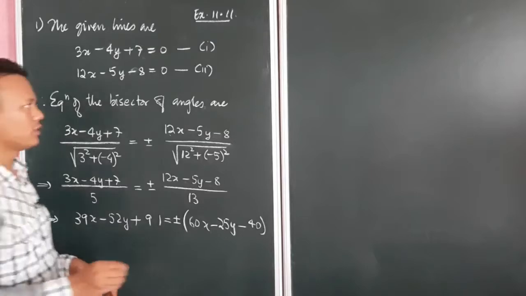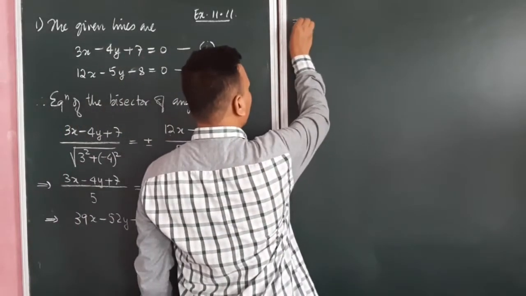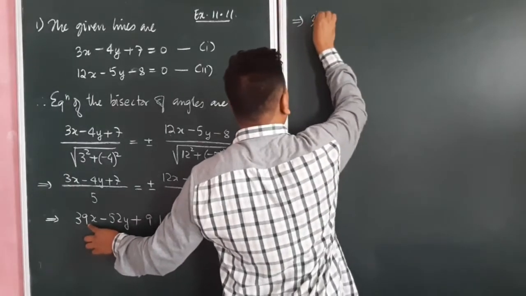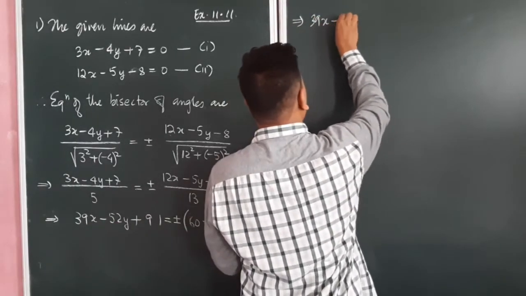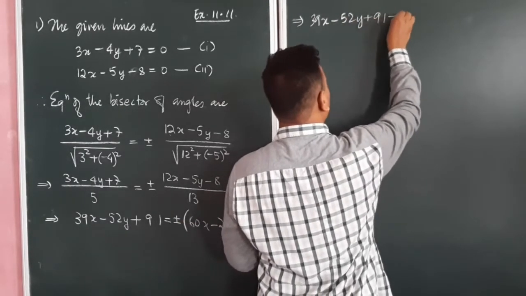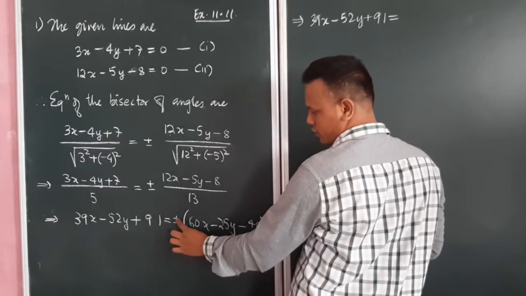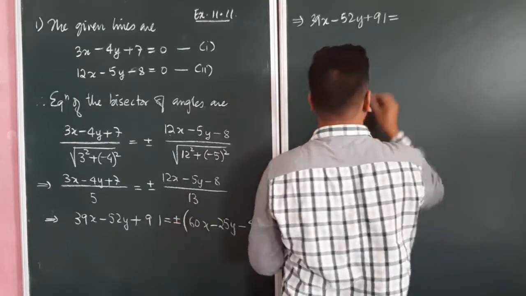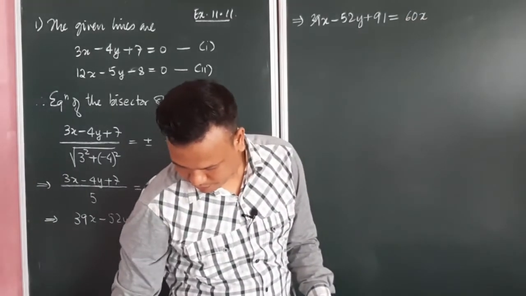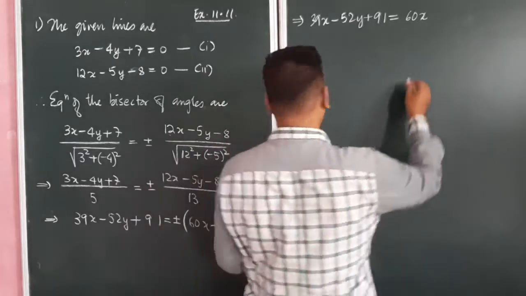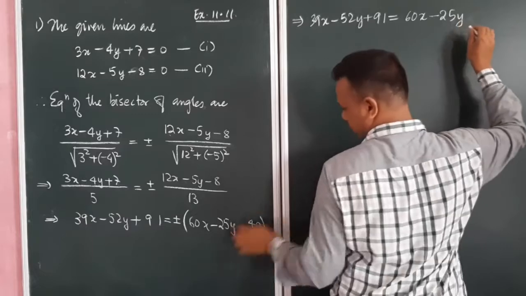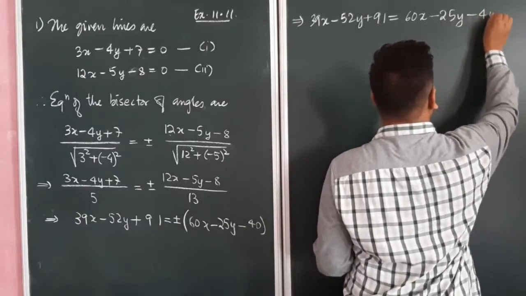From here two equations will arrive. One is 39x minus 52y plus 91 equals, let me take only plus first, 60x minus 25y minus 40.